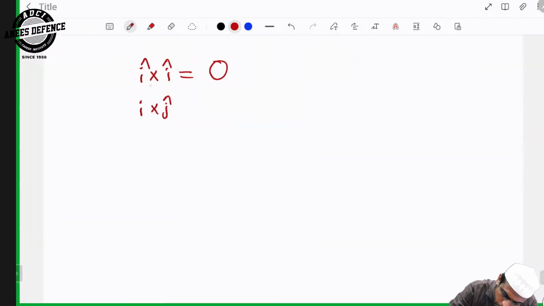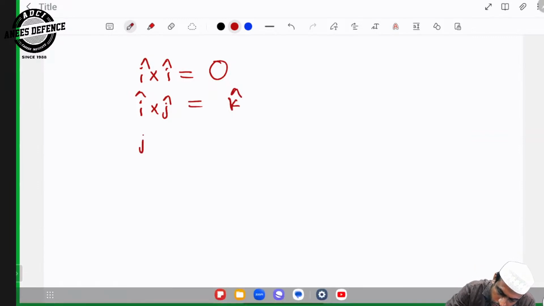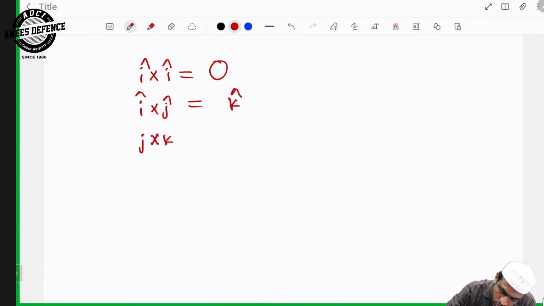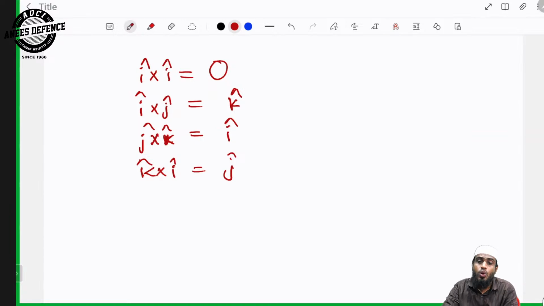I cross j equal to k cap. Then j cross k equal to I. K cross I equal to j. You have to take in order.